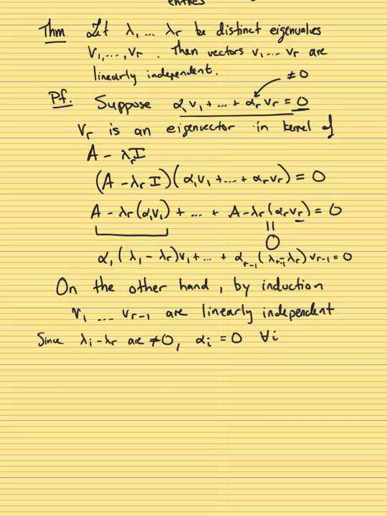Okay, and now this is a contradiction because the equation then reads alpha r vr is equal to 0, and vr is assumed to be a non-zero vector, and alpha r is assumed to not be 0. Okay, so therefore v1 up through vr are linearly independent.